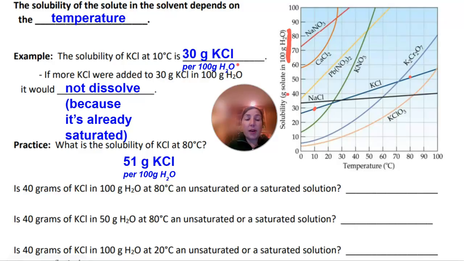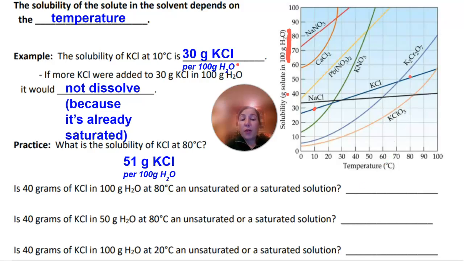Next up is 40 grams of KCl in 100 grams of water at 80 degrees C. Is it an unsaturated or a saturated solution? I like to find the temperature first. I like to go to the x-axis and find 80 degrees Celsius, and then we need to look for the KCl line. Now, we just said 51 grams can dissolve.